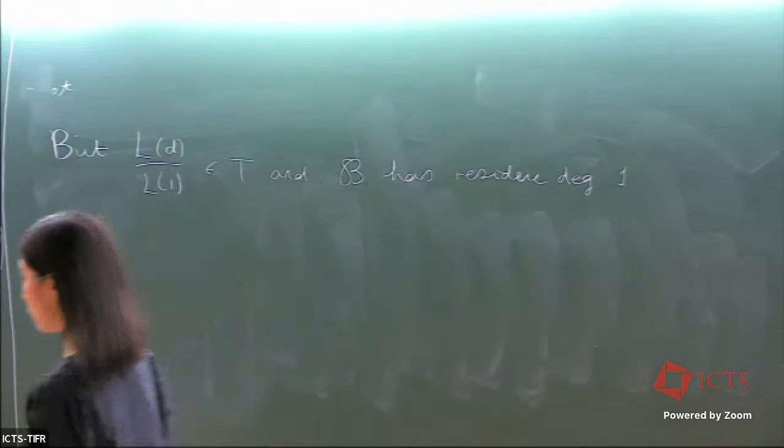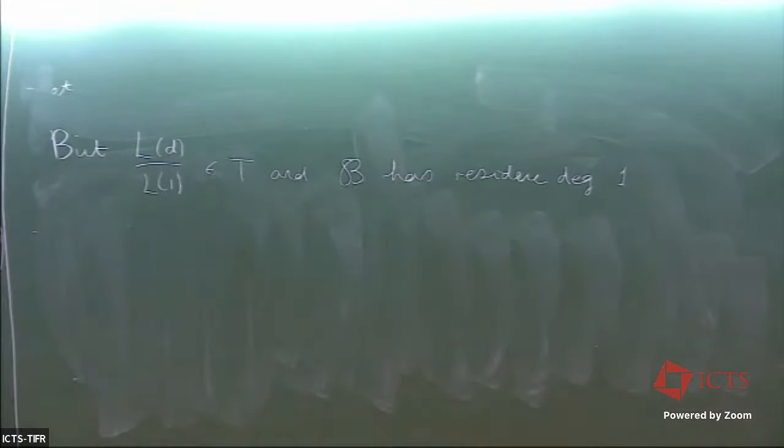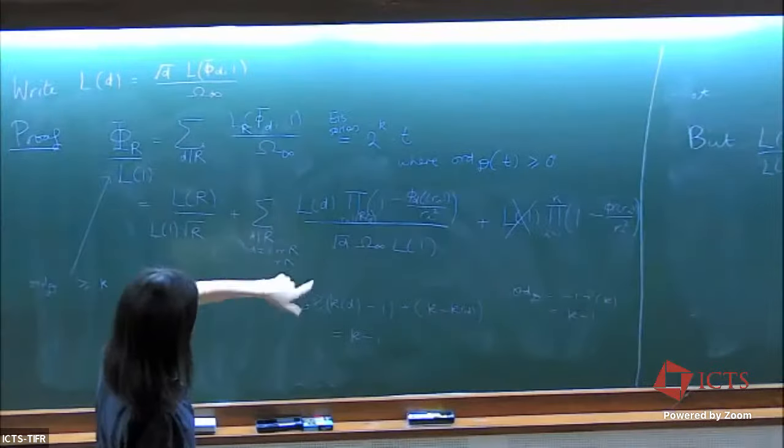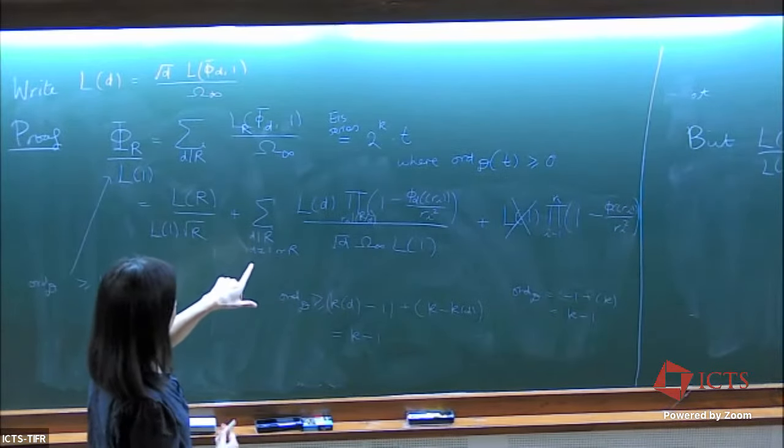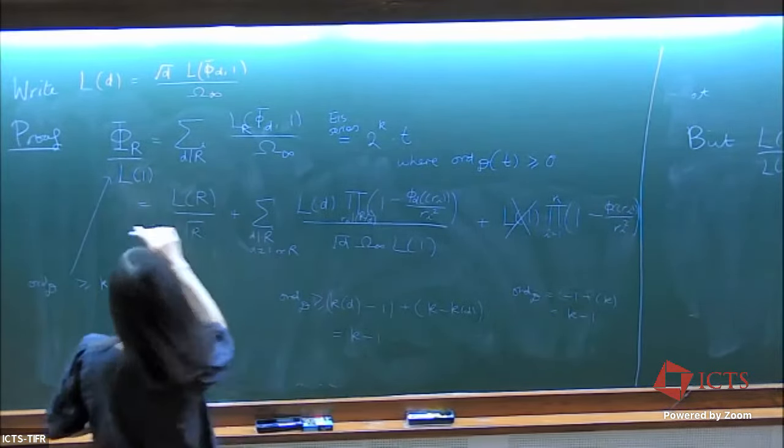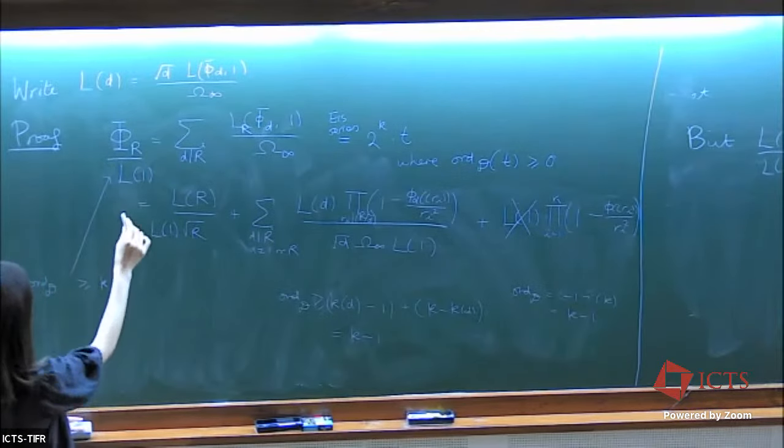Using this, you can divide everything by L_1, and you can write this term explicitly, summing over the prime divisors, and you're dividing by something with valuation -1.